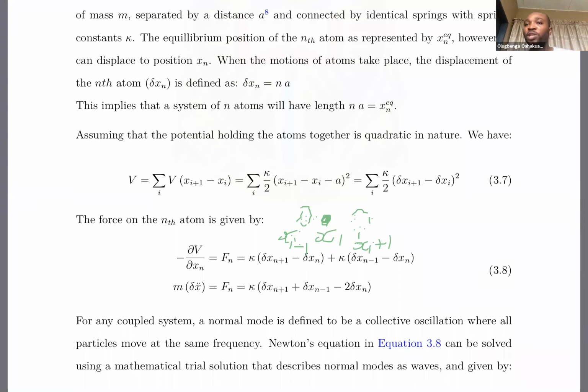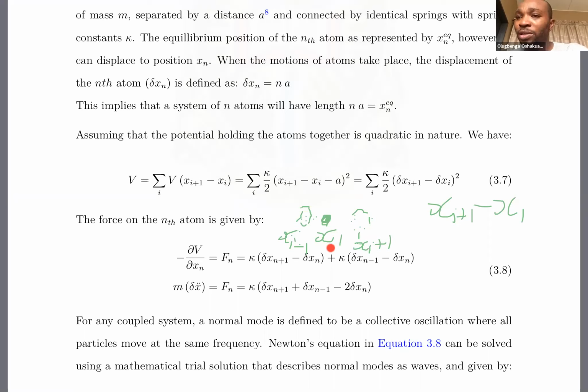So when we are now talking about the actual displacement, we should be talking in terms of xi plus 1 minus xi.